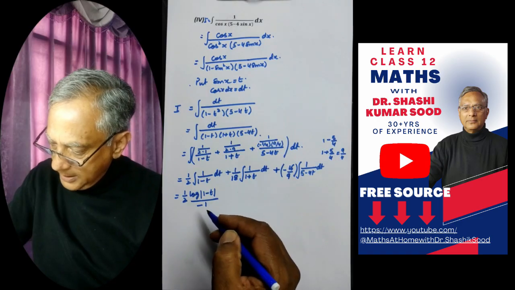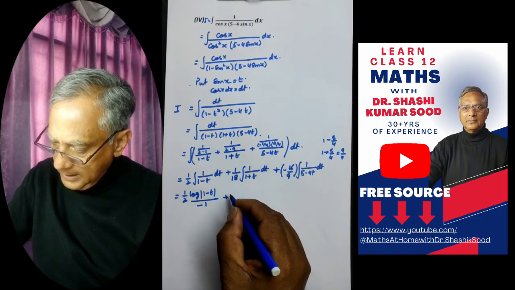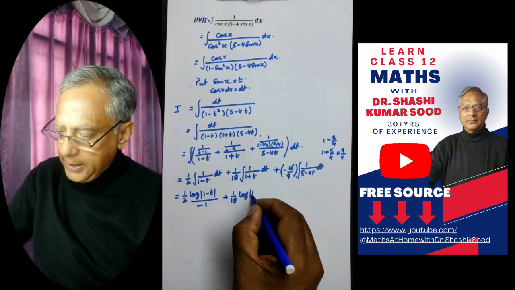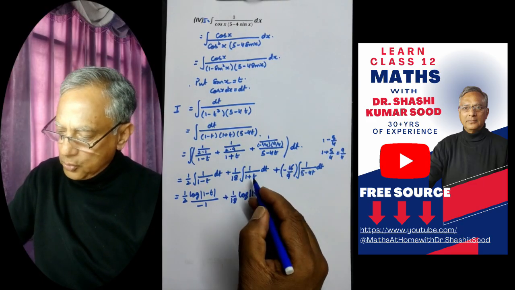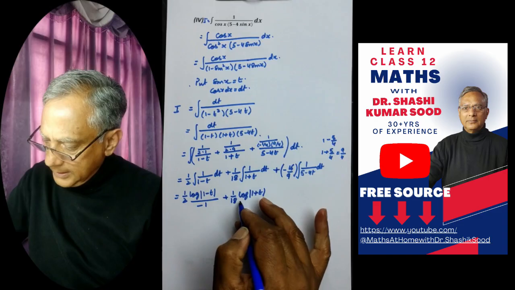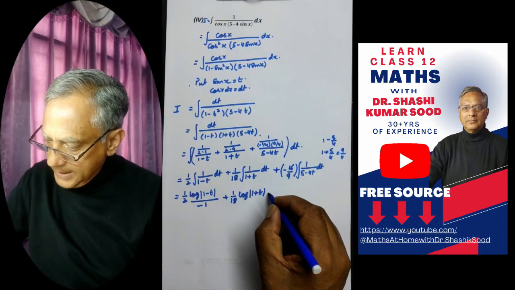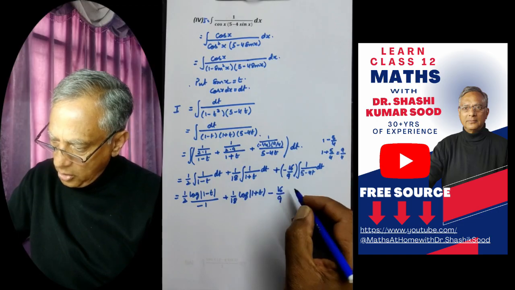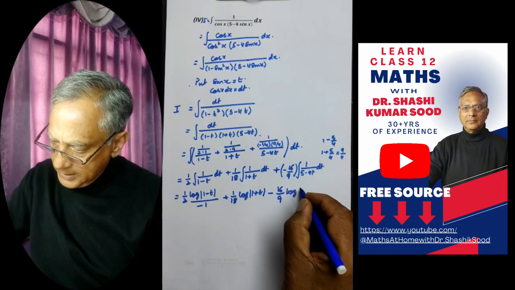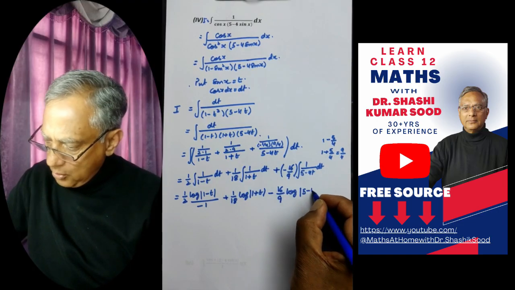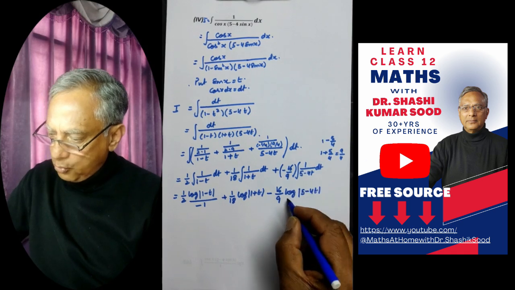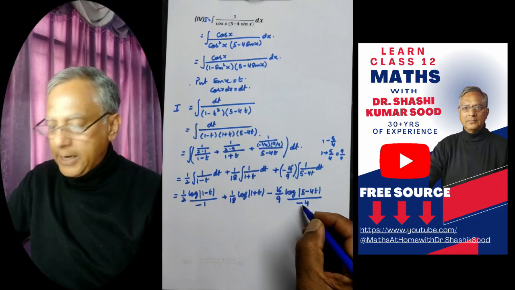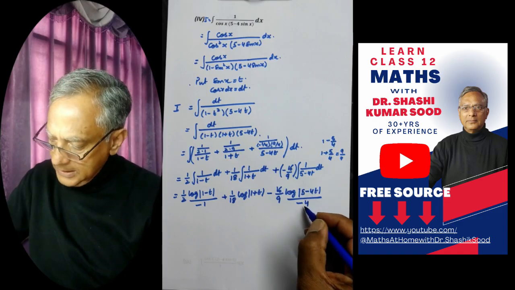So this will be 1 by 18 log of 1 plus t. Here the coefficient of t is 1, so we need not divide by 1. Minus 16 by 9 into log of 5 minus 4t over minus 4. The coefficient of t is minus 4 in this case, so we must divide by minus 4, plus c.